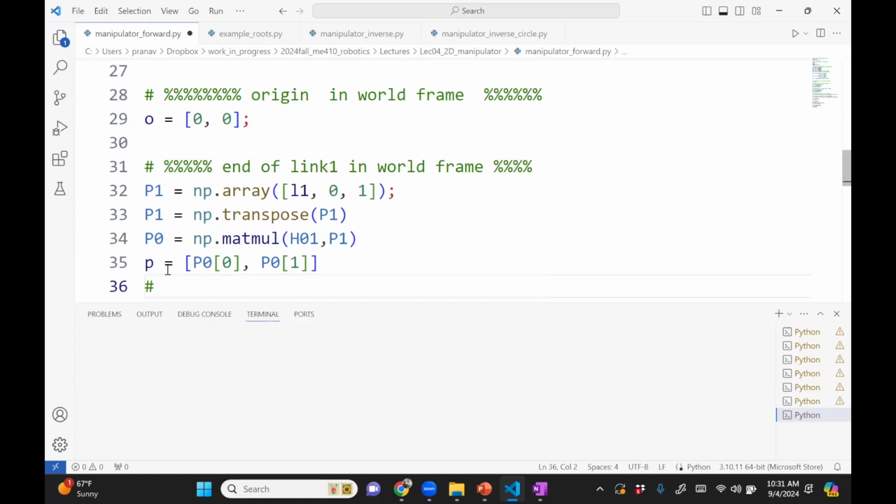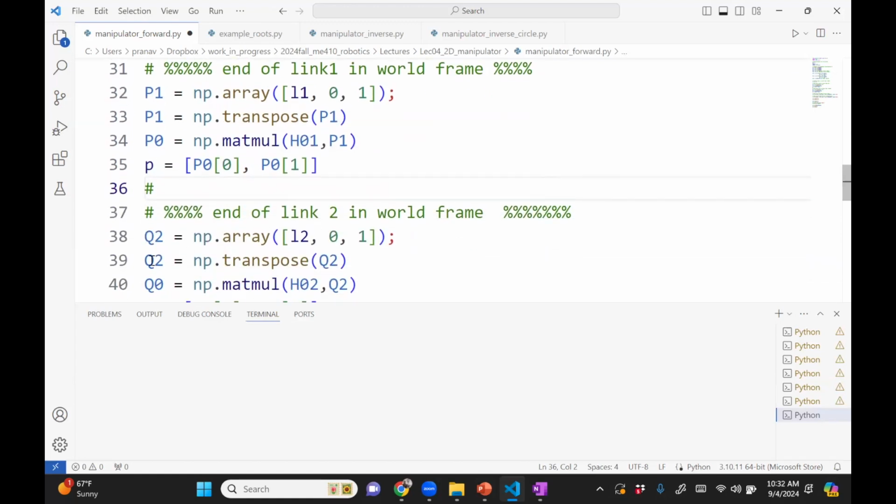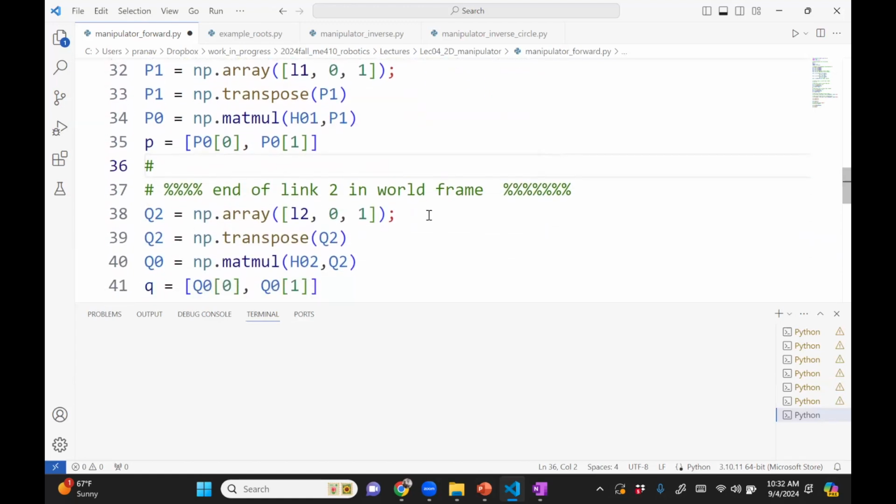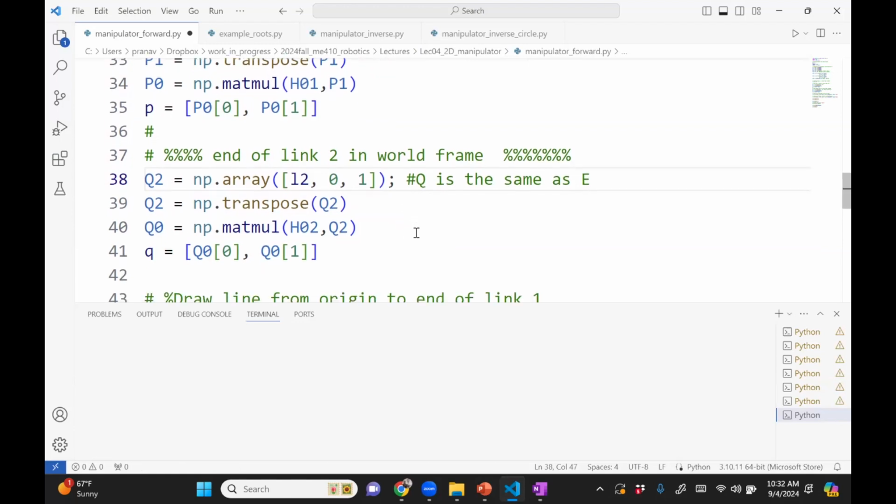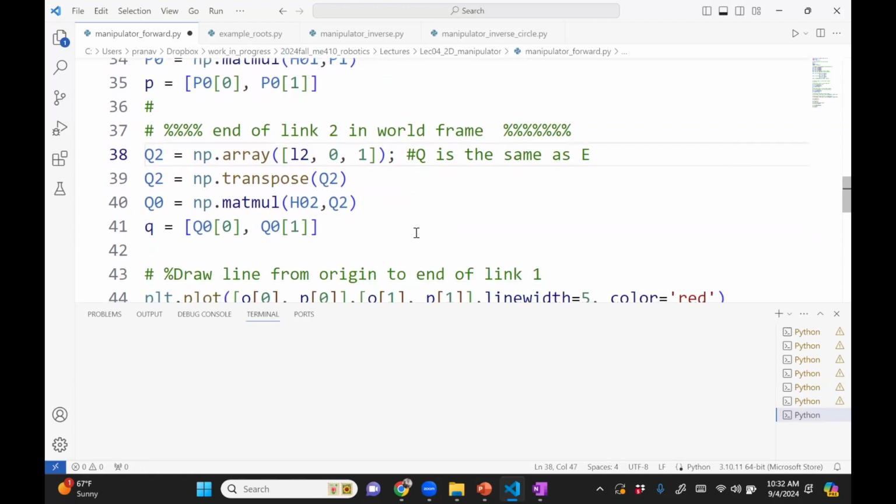And then I can get P from the x and y coordinates. And then Q2, here I used Q2 the same as E2. Q is the same as E. E is the end effector. I just use Q in the code, but it's basically the same as E. So H02, or H01 times H12, times Q2.